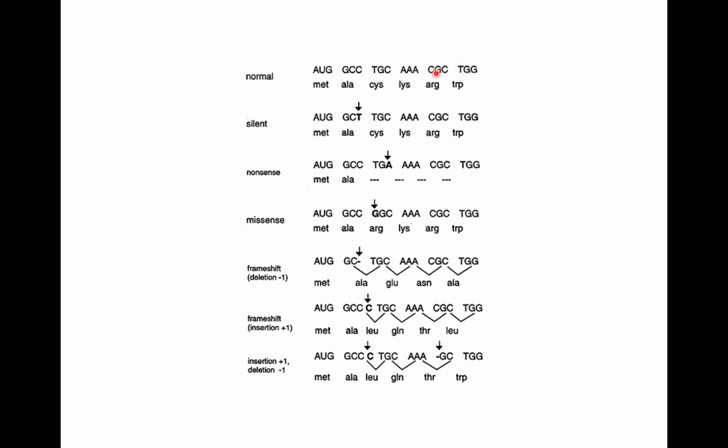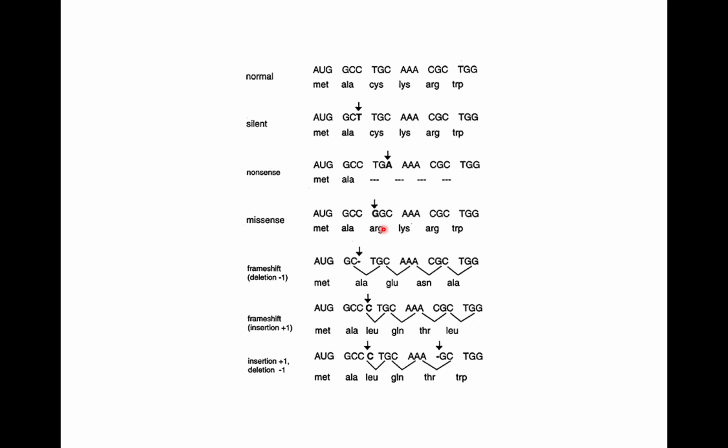So here are some more examples. This is a normal chain AUG, GCC, UGC, AAA, CGC and UGG, and it codes for methionine, alanine, cysteine, lysine, arginine and tryptophan. But when silent occurs, then again the same amino acid, alanine and alanine. If there is a nonsense codon, then it stops.